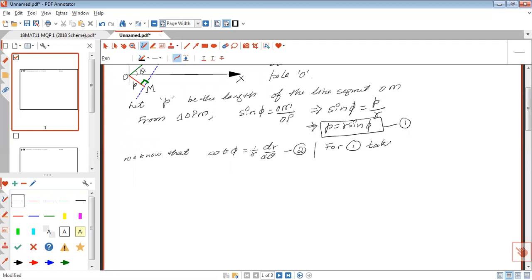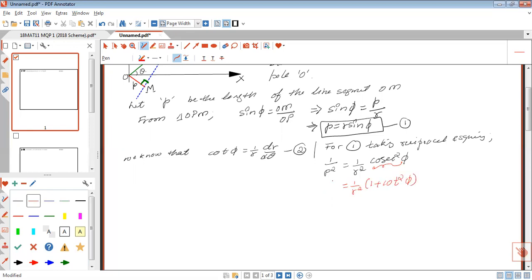So you will get 1 by p square equal to 1 by r square into 1 by sine square phi, which is cosec square phi.